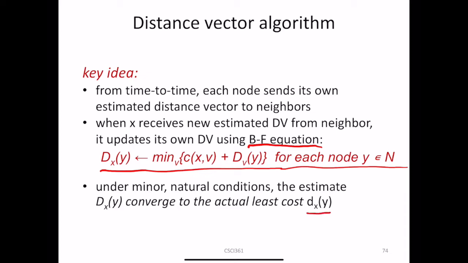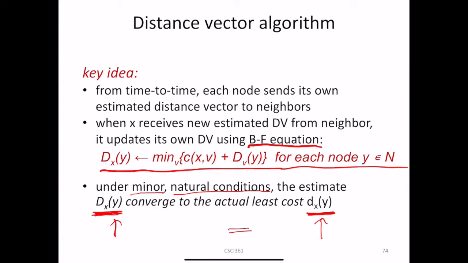And for this one is the ground truth. And for this one is our estimated least cost on the path from x to y. So finally, this estimated one and this ground truth one, they will be equal to each other.